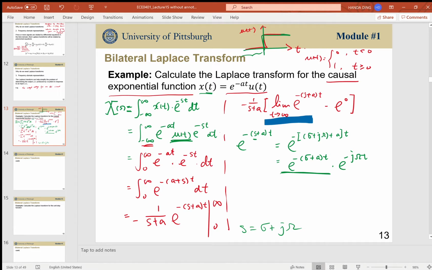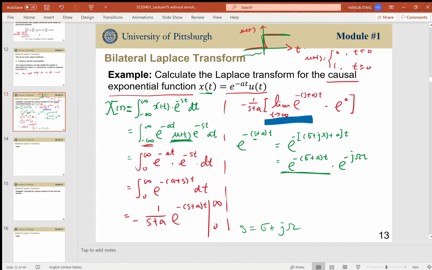Yeah, so let's talk about the ROC. So what do you think? Which region will this function converge to a certain finite value? So let's talk about it. Still writing? Yeah. So would it be for sigma plus a greater than 0? That will be the convergence area.